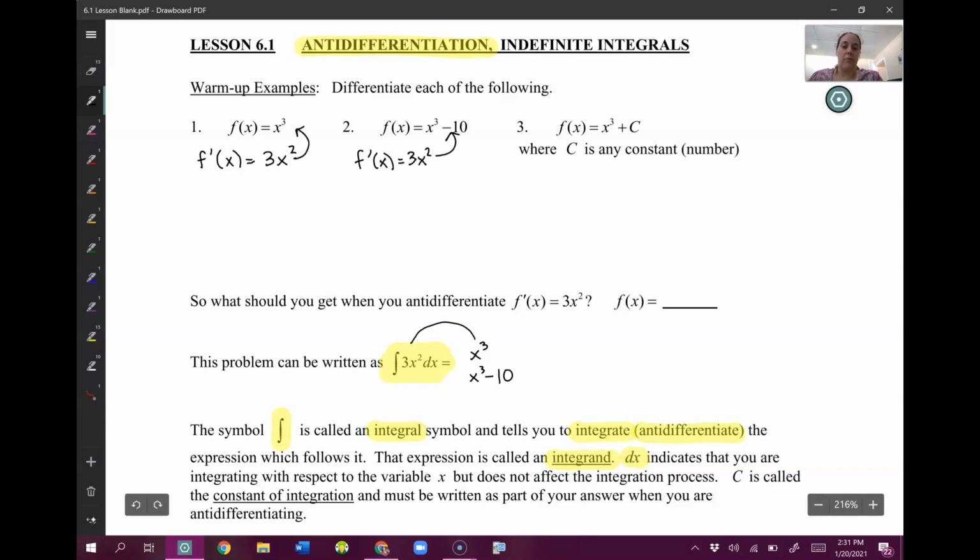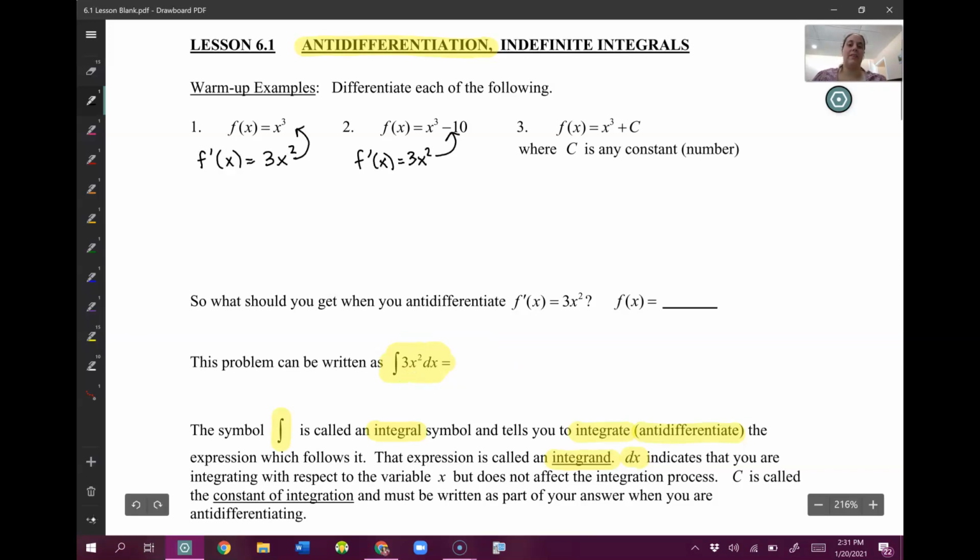Because the derivative of both of those is 3x squared, and that's a problem. We don't like it in math for something to have more than one right answer. So here's what we've done.